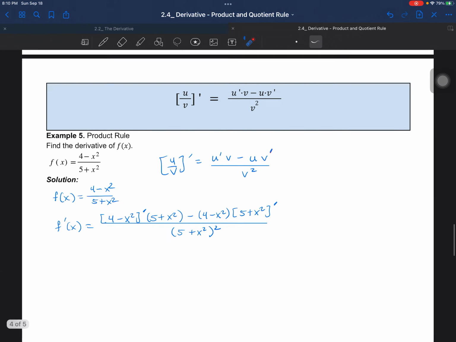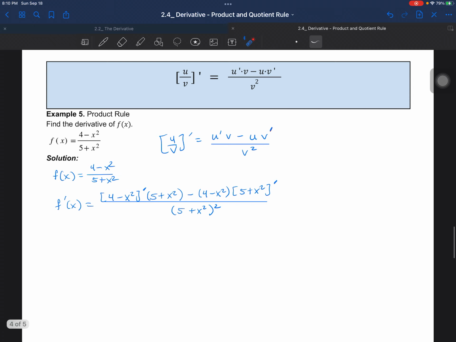And then no derivative for the bottom, you just square it. This is the actual derivative. All we gotta do now is execute those two, meaning take the derivative of those two, and then carry everything else.